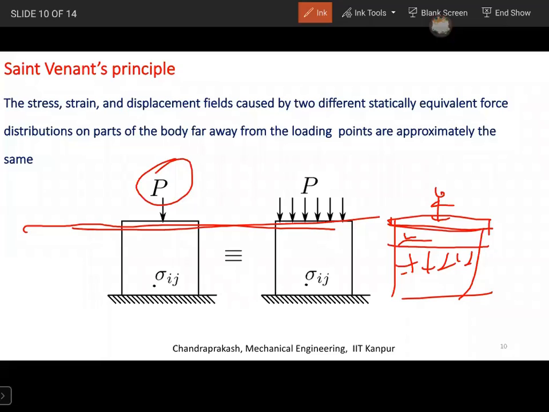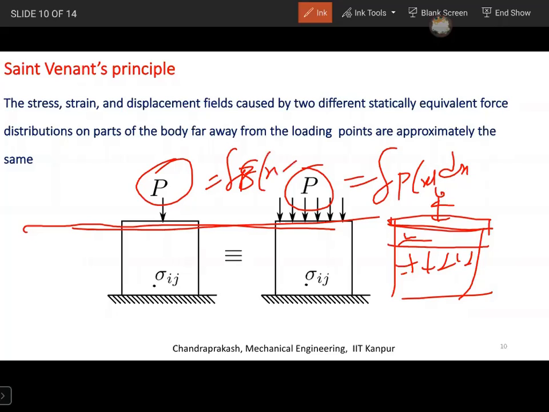Here the load is P and here the load is P. The only difference is here it is a point load and here it is collectively the distribution small p of x dx is equal to capital P, whereas on the left hand side, the load distribution is integral of delta of x times capital P dx. The overall loading is the same on the same region. Two things here: the overall load must be the same, and it should be on the same region.